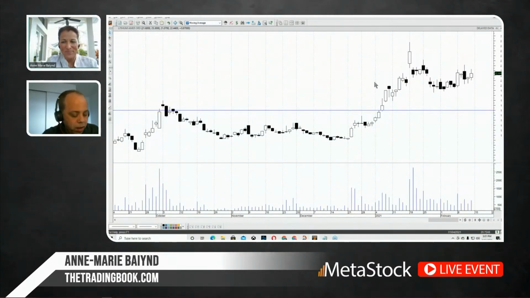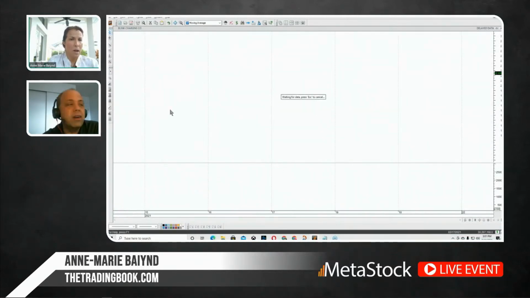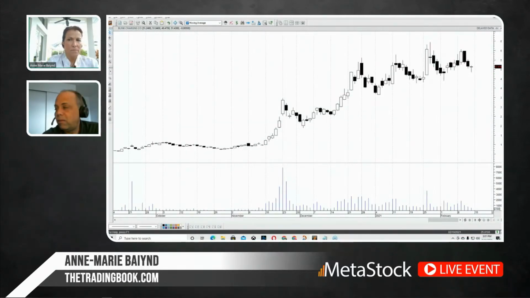All right, Tom Jones would like to look at BLNK. BLNK, Blink Charging. Again, very nice chart. So what are we looking at? If we look at the very left to the very right, we'll say obviously it's moving up.